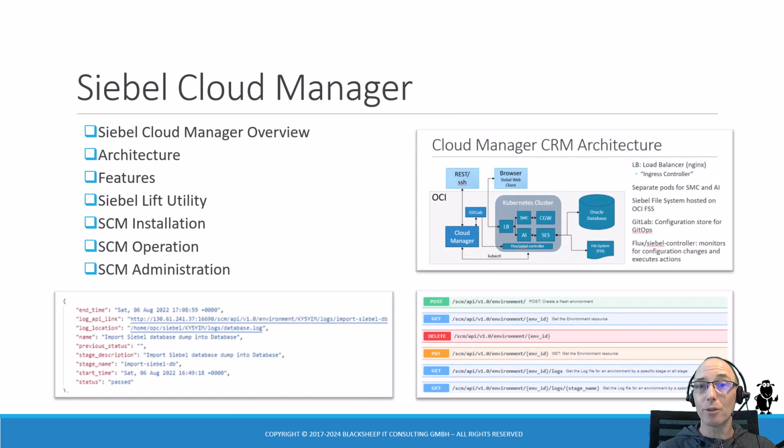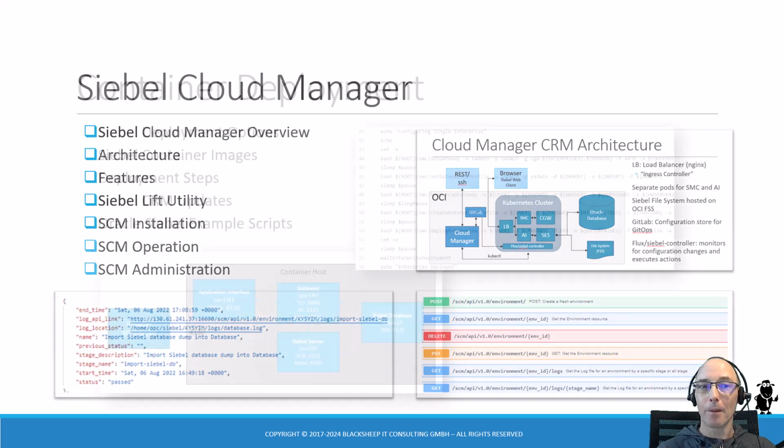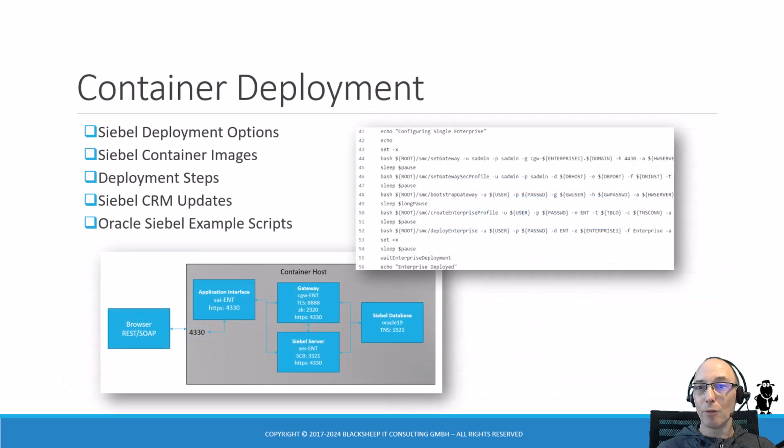Siebel Cloud Manager has been introduced last year and is a notable application on OCI that allows you to lift and shift existing on-prem environments or create greenfield installations on OCI. If you want to stick with containers built by yourself or you use the Oracle provided containers, then this chapter gives you a thorough introduction how to deploy Siebel CRM with containers.